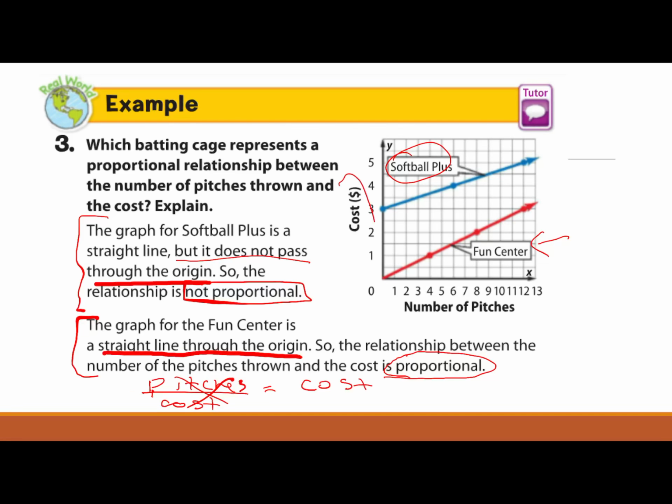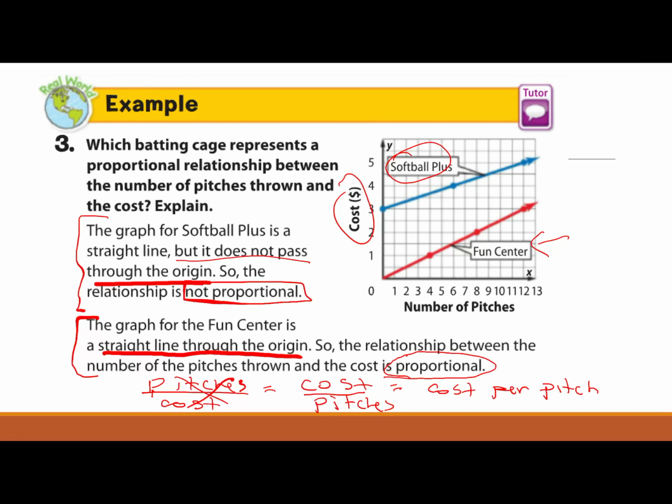The information on the y-axis is cost, and the information on the x-axis is pitches. So we want to know, is the cost per pitch the same? And yes, to throw each baseball, it costs the same amount of money.